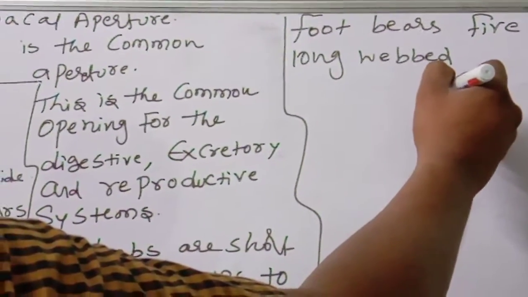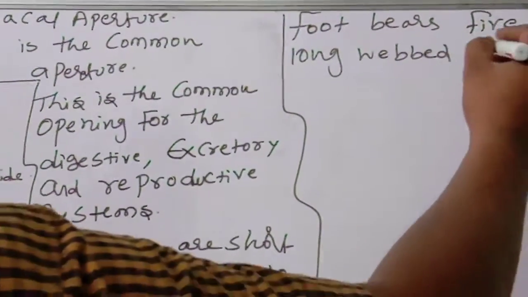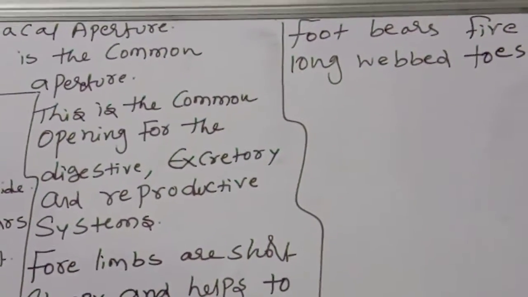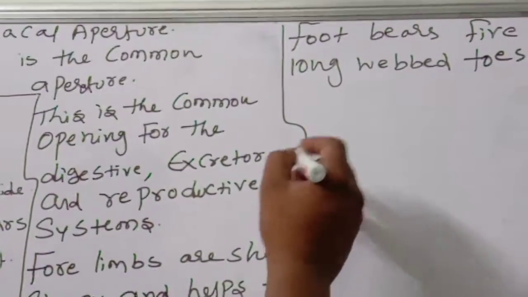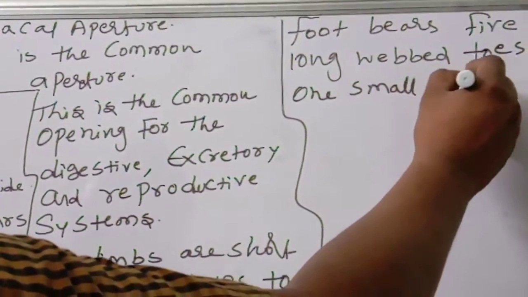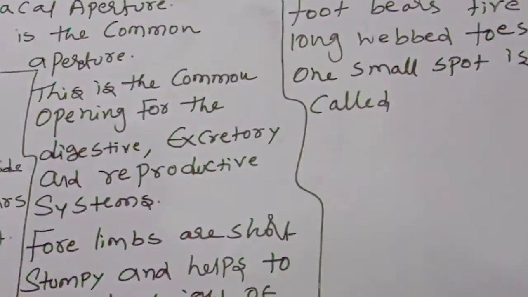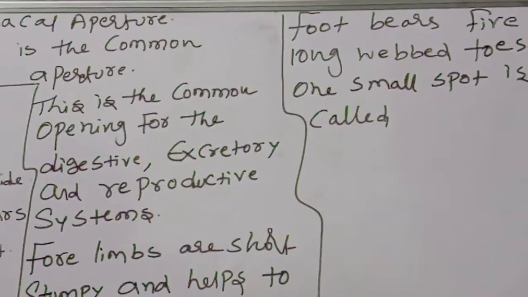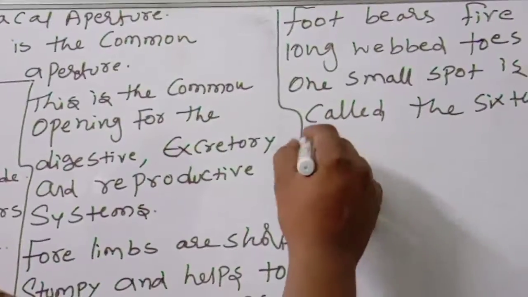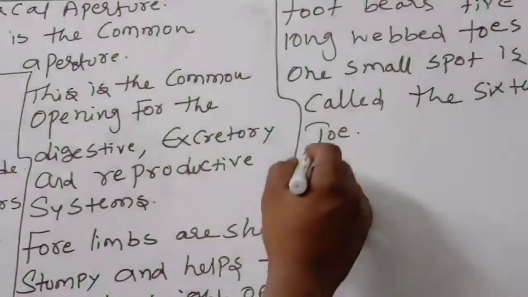The most important thing is the toes are present, and one small spot is called the sixth toe.